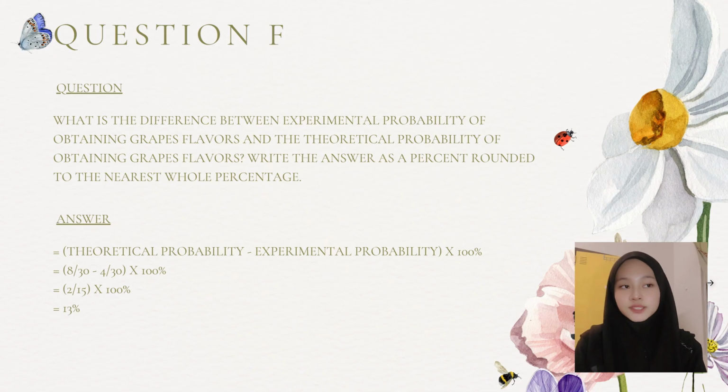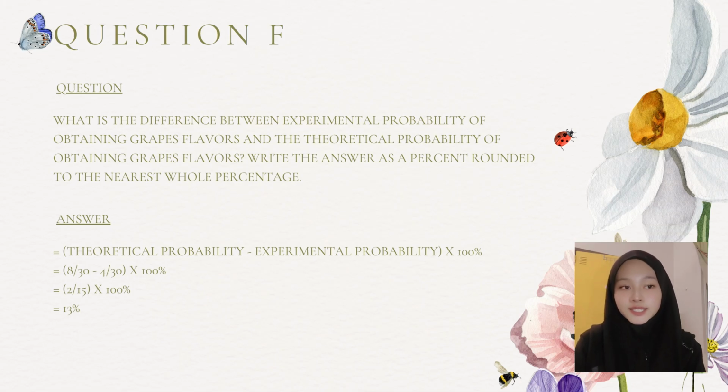Next, for question F, what is the difference between experimental probability of obtaining grapes flavors and the theoretical probability of obtaining grapes flavors? Write the answer as a percent rounded to the nearest whole percentage.